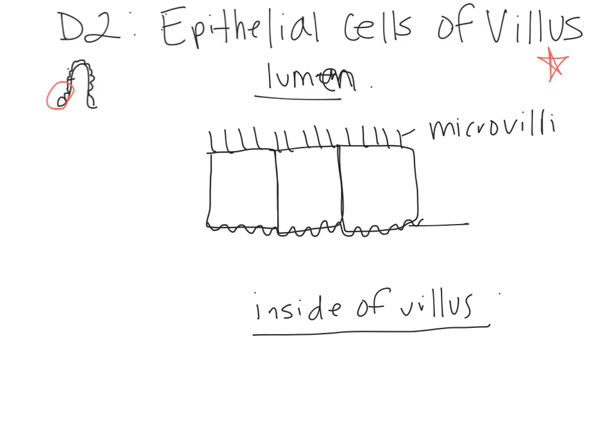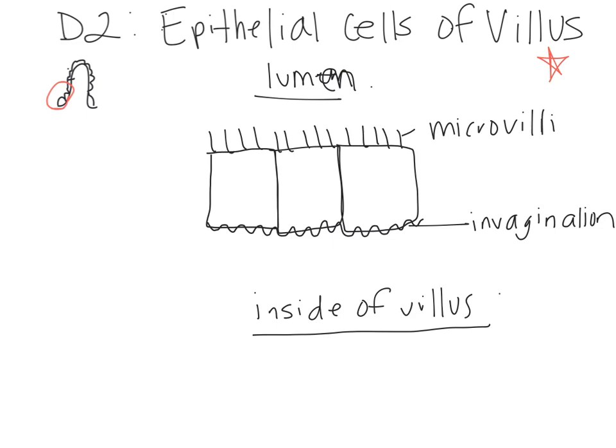And these curvy sections are called invaginations. Those invaginations just increase the surface area for diffusion of materials from the epithelial cells into the villus.